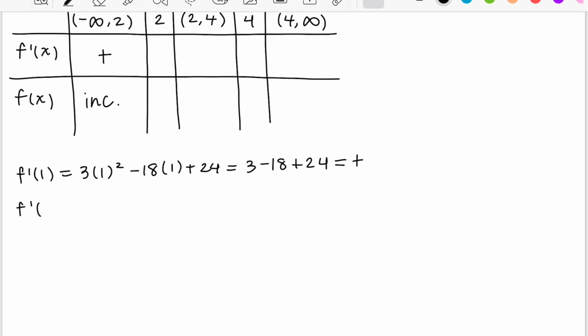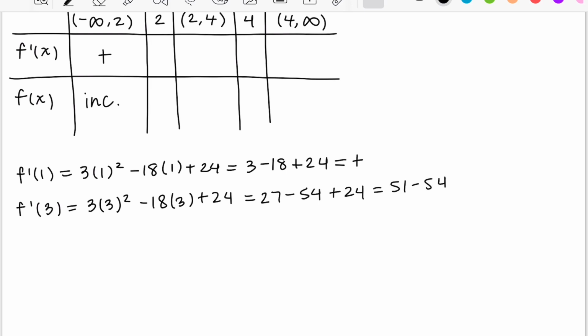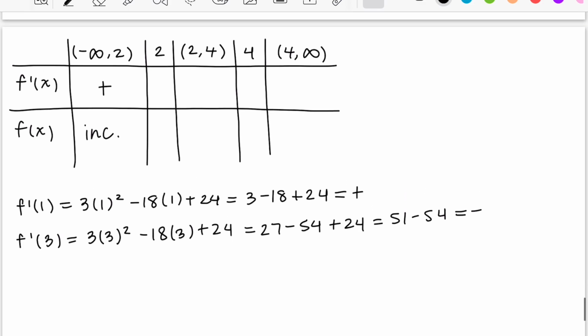Then we'll look at a number in this interval, 2 to 4, so we'll pick 3. And again, plug it into our derivative. So we'll get 27 minus 54, and then add 24 to that. So we end up with 51 minus 54, and that's negative.